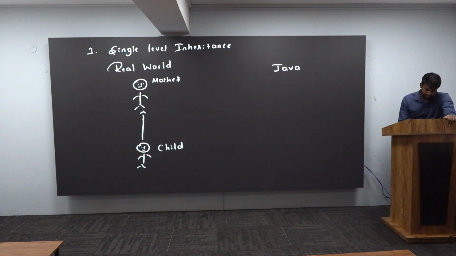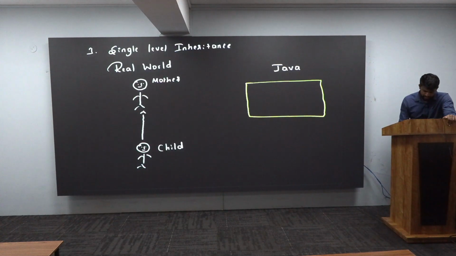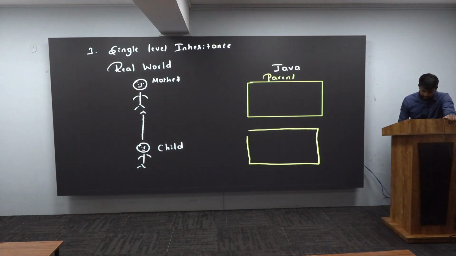Oh really, sir? Let me draw my class. This is my class, and the name of the class I will tell as parent. I will draw another class, and the name of the class I will tell as child. This child is inheriting from the parent.